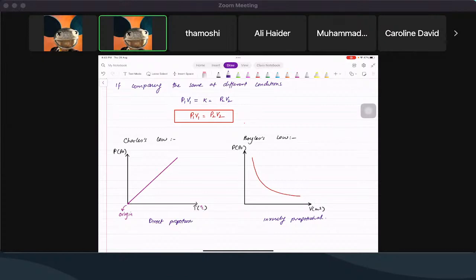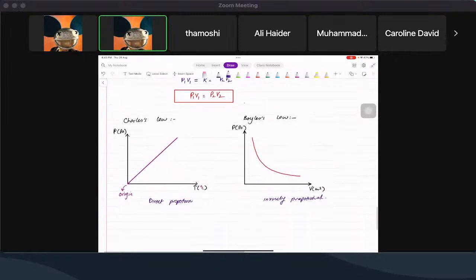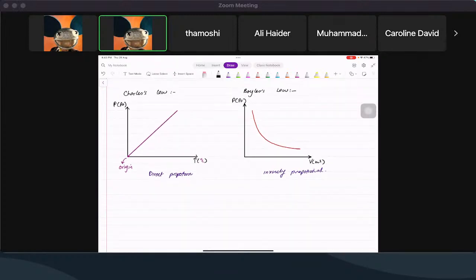Now let's do a question then and conclude this class. It says a gas at 600 Pascal has a volume of 20 centimeter cube.